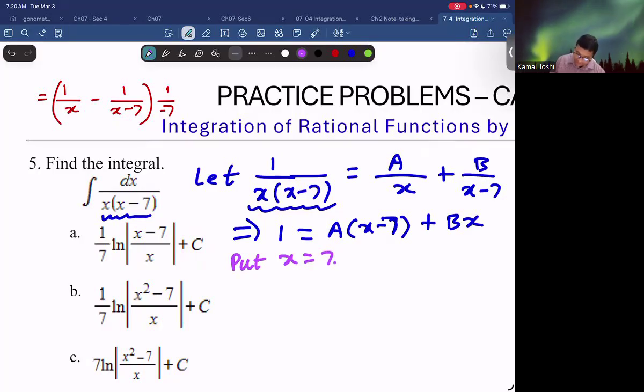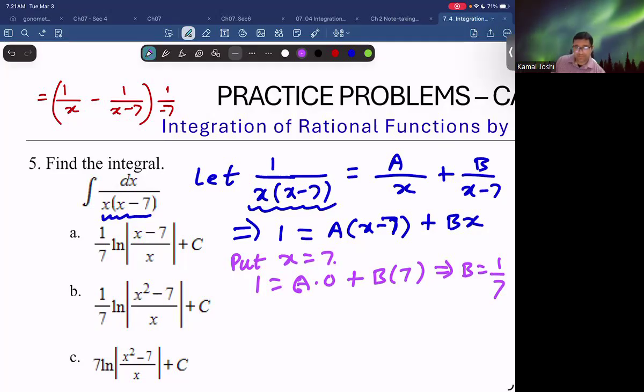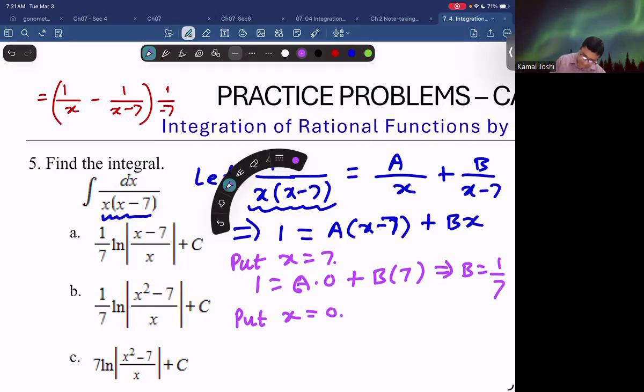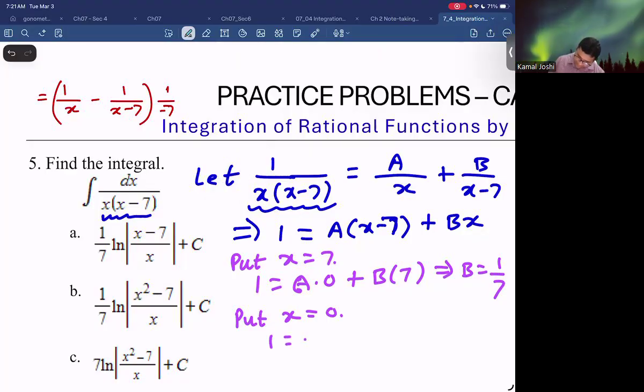And why do I do that? That will give me 1 equals a times 0 plus b times 7. So you can see that b will be 1 over 7. And if I put x equal to 0, and why do I do that? Because that will produce 1 equals a times minus 7 plus b times 0.